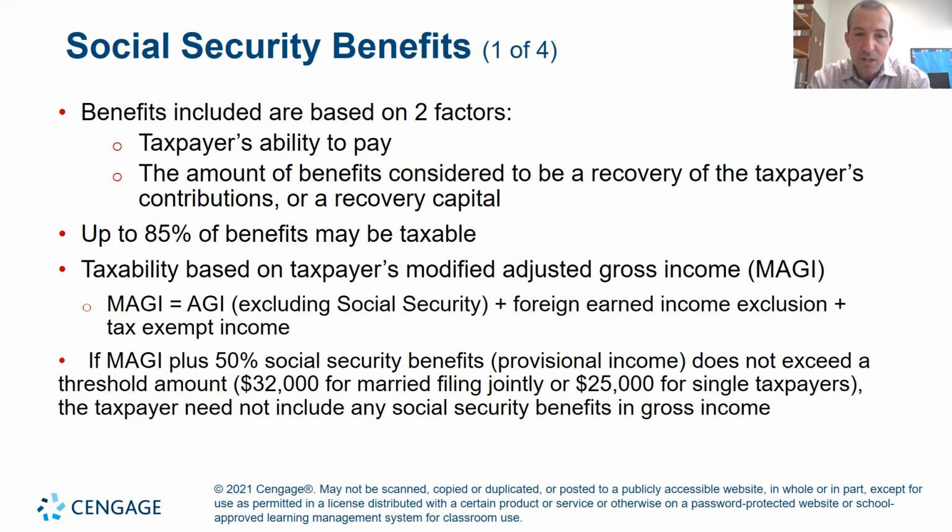So if the modified adjusted gross income plus half of the Social Security benefits does not exceed $32,000 for married filing jointly or $25,000 for single, if you add those together and it's less than $32,000 for married and less than $25,000 for single, you don't need to include any of the Social Security income in the gross income calculation.